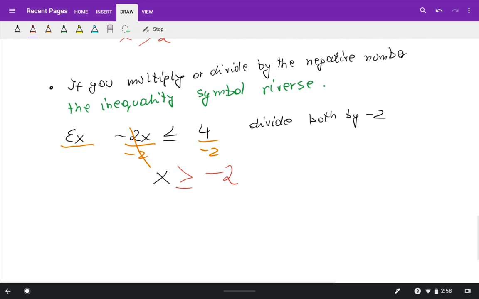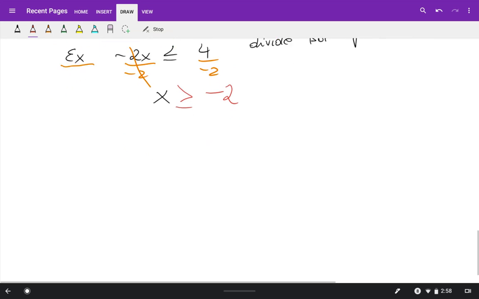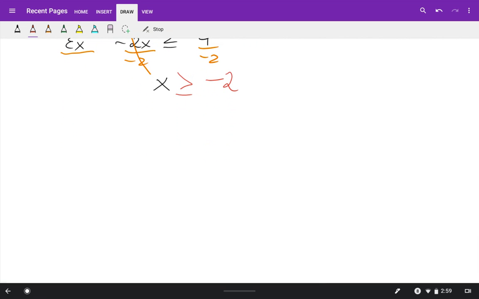And the reciprocal property is the last one, and then we're going to focus on solving inequalities. So the reciprocal property tells you that if a is greater than 0, which is a positive number, then the reciprocal of a, which is 1 over a, is also positive.